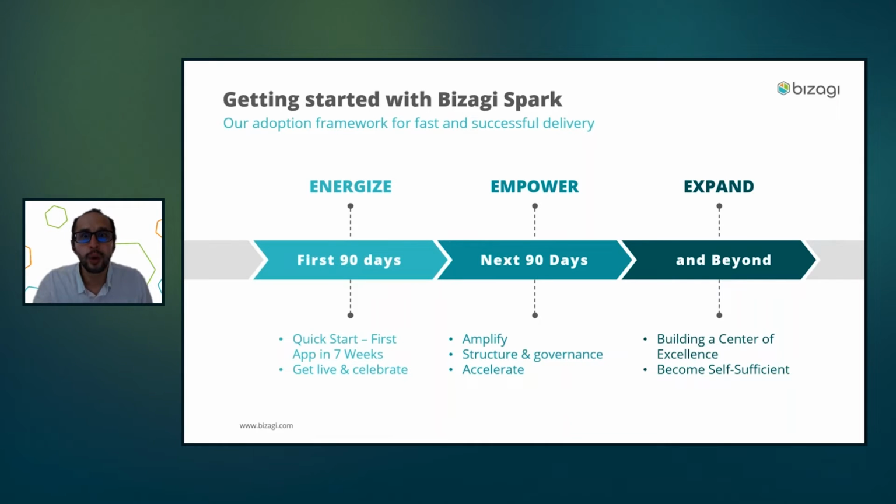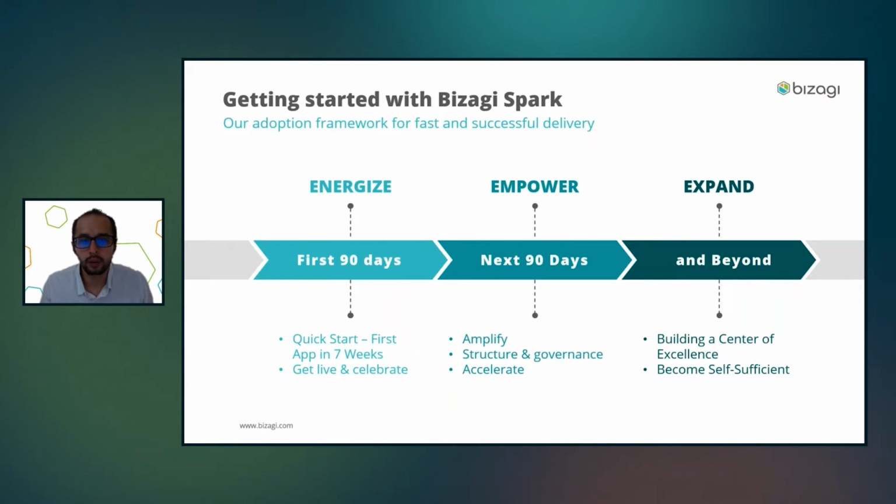We need to find ways on how we can deliver applications that meet our needs, but also applications that are really good in quality, right? Once we're able to deliver those first processes fully automated in the energize step, then we can move to the empower.